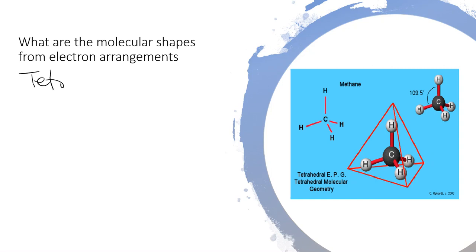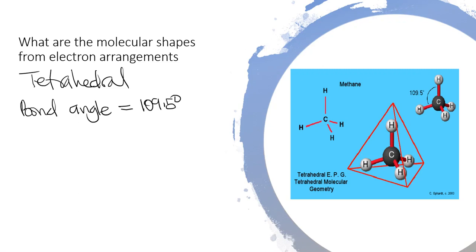In tetrahedral, the bond angle is 109.5 degrees. So here, 109.5, 109.5, 109.5, 109.5.